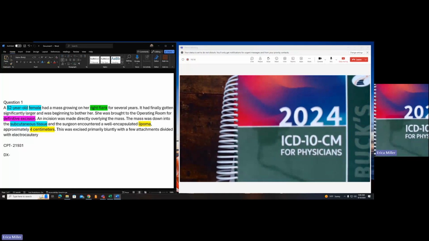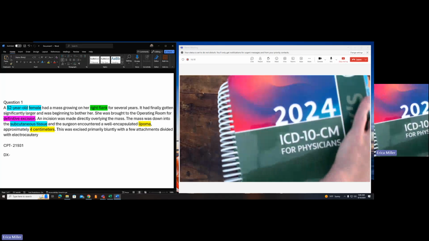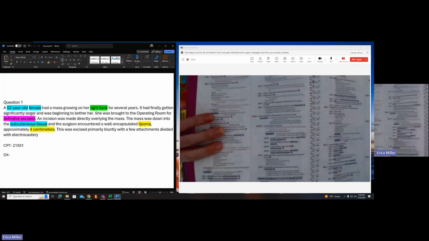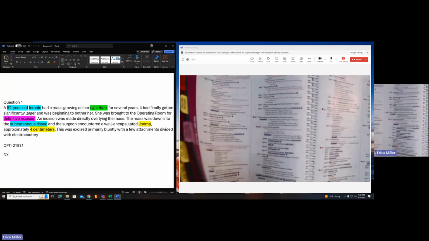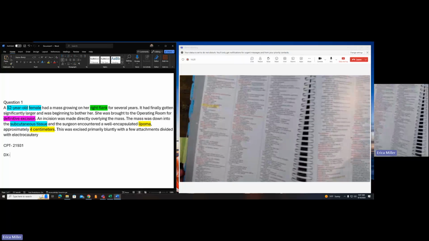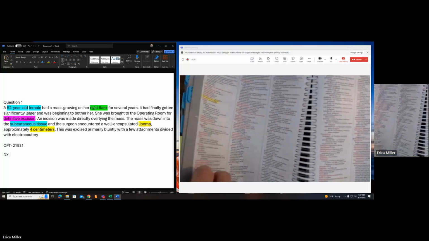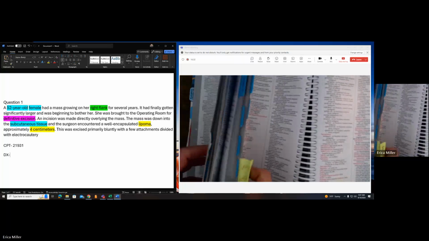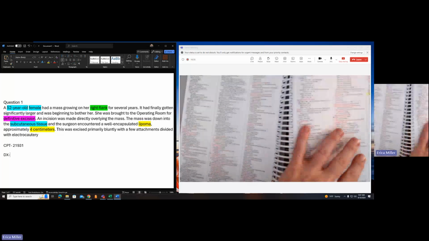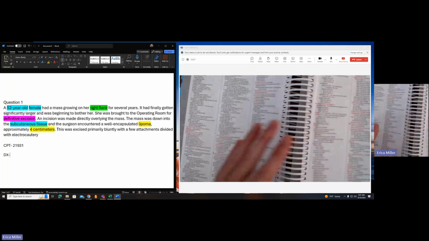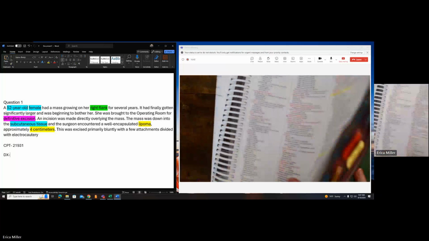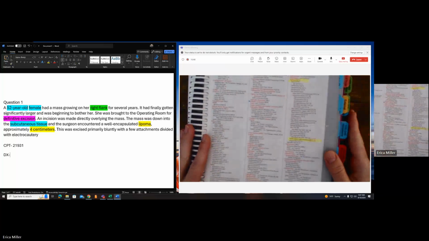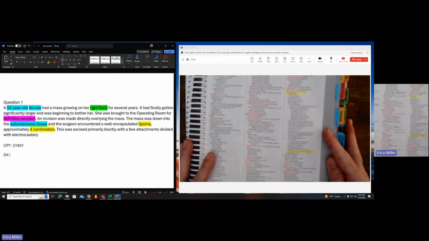Now we're going to code for the lipoma. Remember, we went from a suspicious mass to a clearly defined condition of lipoma. So I'm going to get into my index and go right for that word lipoma. All right, lipoma puts me on page 341, and I've already highlighted this for us.